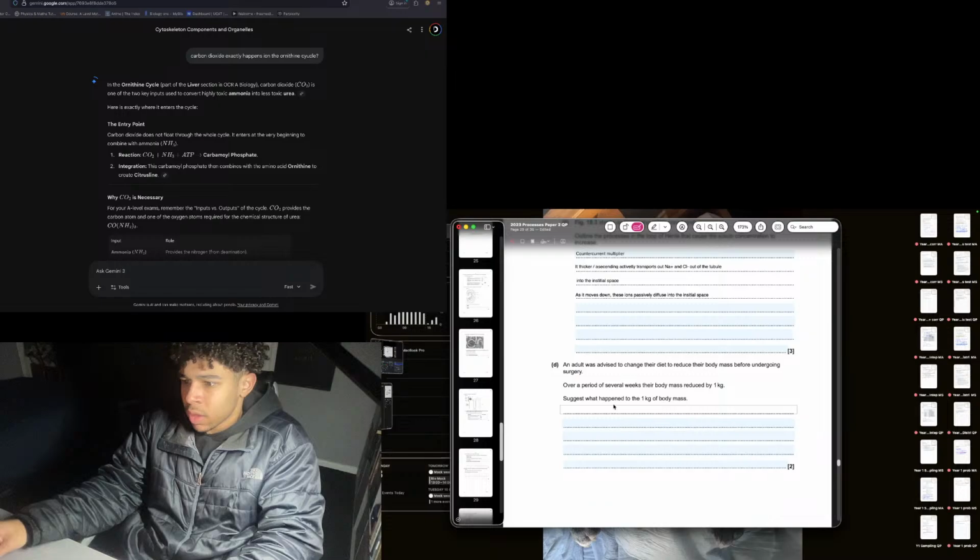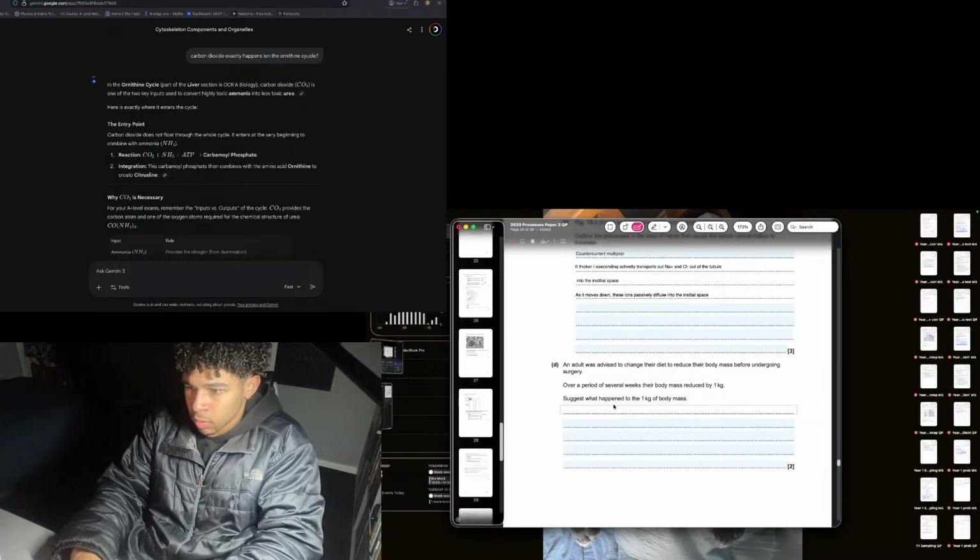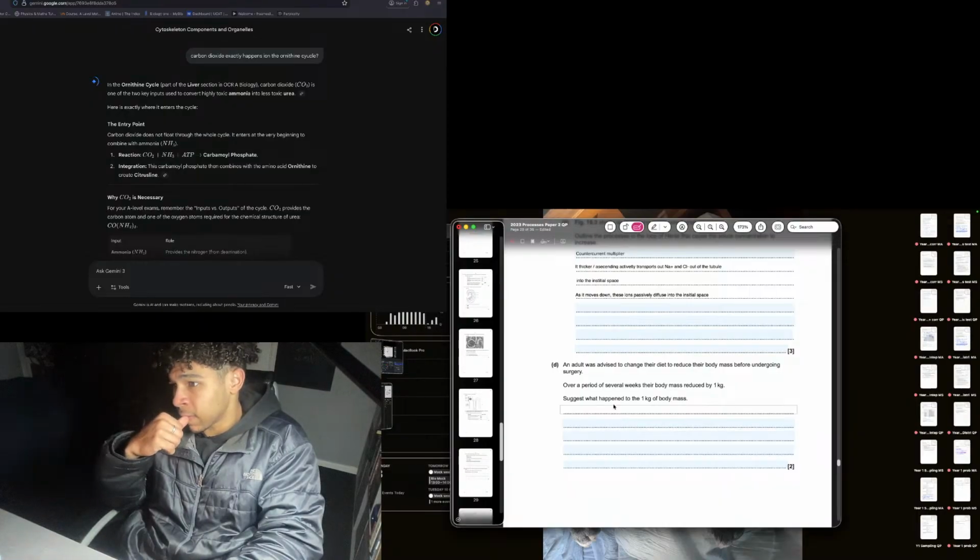PGE2 receptors are located on the cell surface membrane. State 2 functions of the cell surface membrane. So PGE2, so cell signaling.